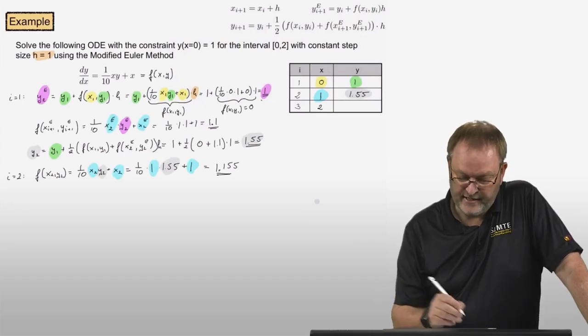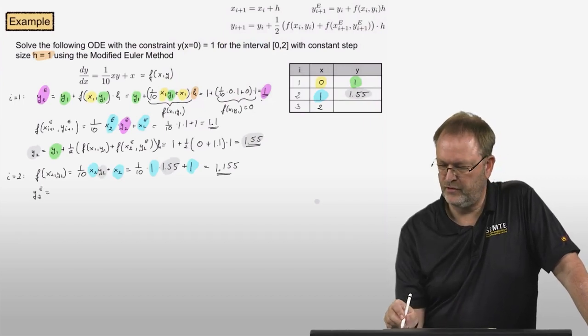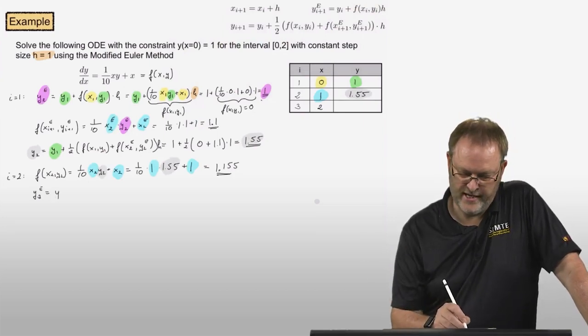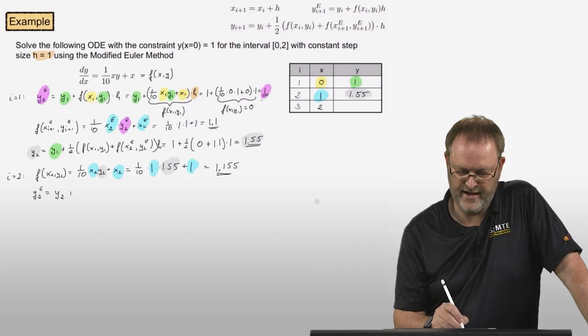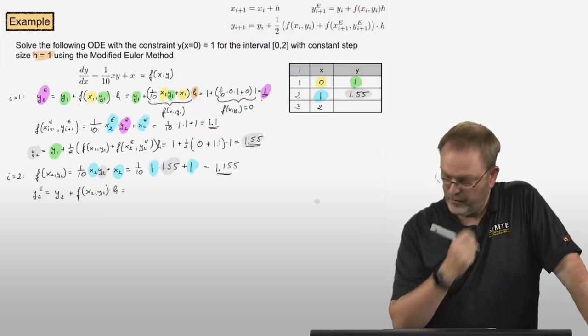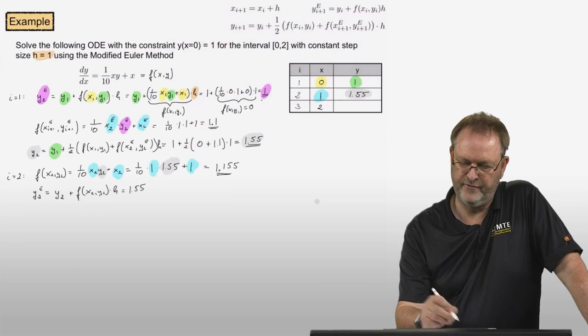And with that, I can now calculate what is y3 Euler, right? Using this formula over here, where I will use this f that I just found. So y3 Euler is equal to y2 plus f of x2, y2 times h. My y2 is equal to 1.55, right?